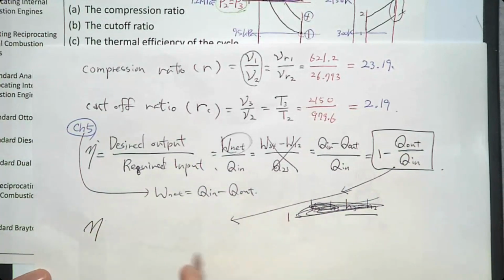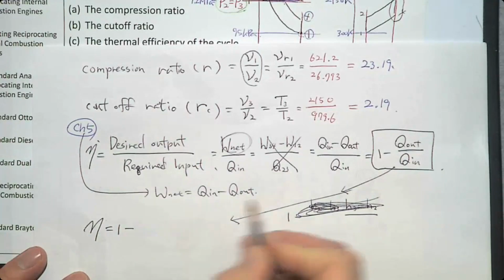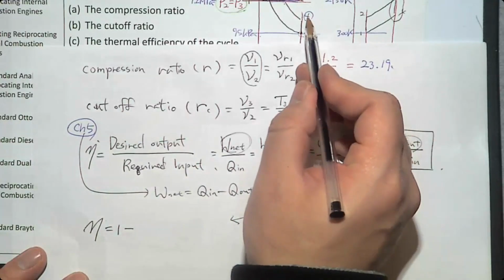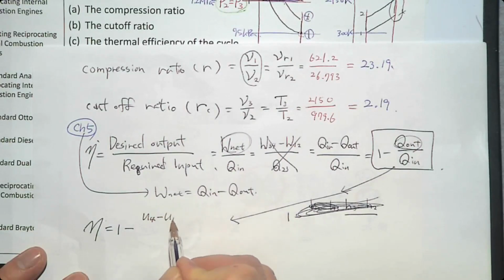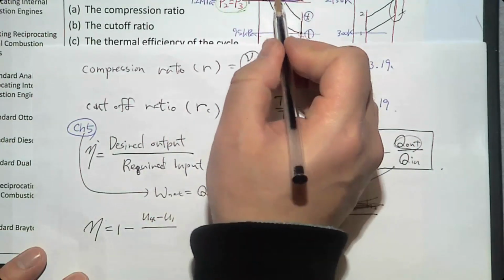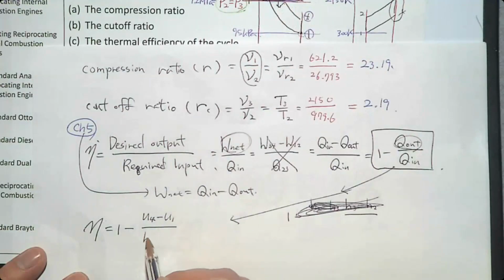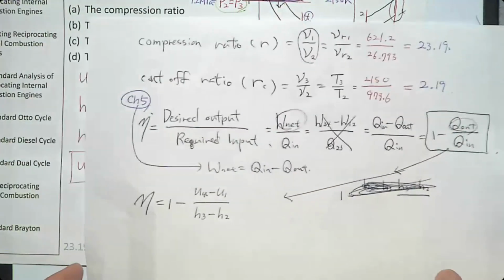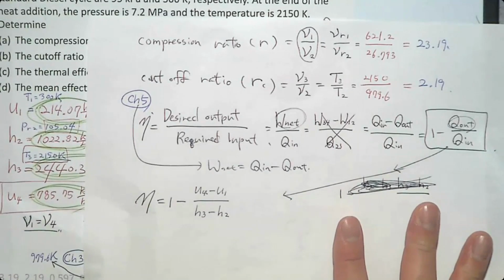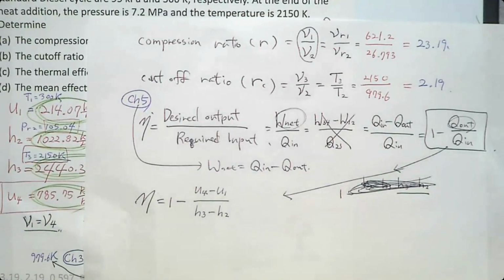The thermal efficiency is 1 minus heat transfer out between 4 and 1, U4 minus U1 divided by heat transfer in between 2 and 3, H3 minus H2. And we already found all the values here, U4, U1, H3, H2.